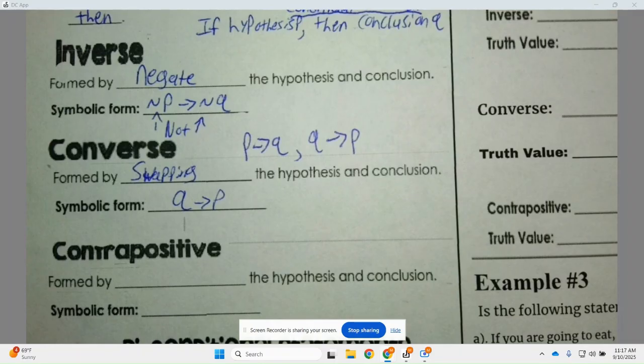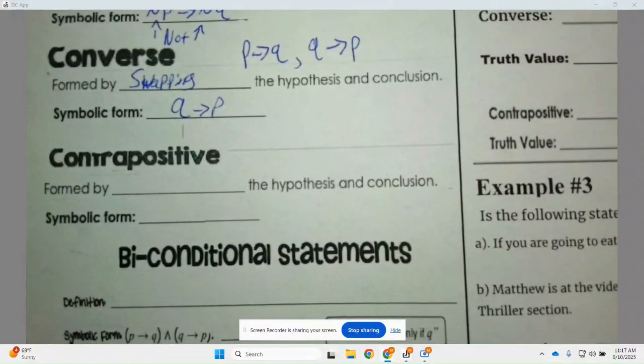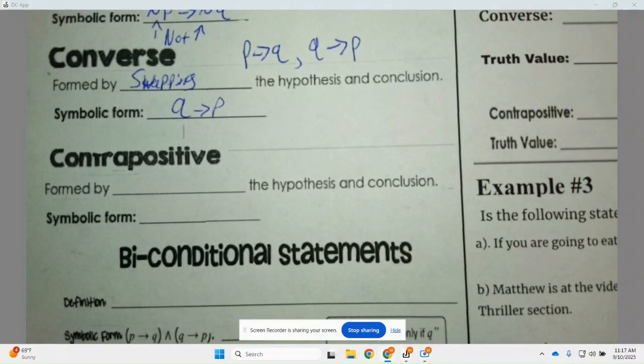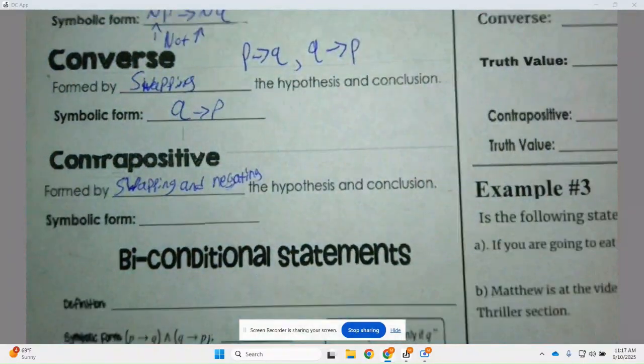Two last things, and then we'll move into practicing this with some examples. The contrapositive, that's the third thing we haven't done yet. The contrapositive is formed by swapping and negating the hypothesis and the conclusion.